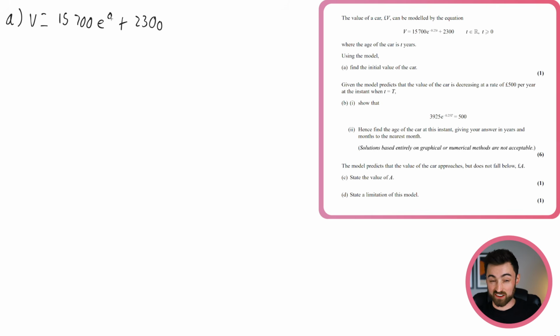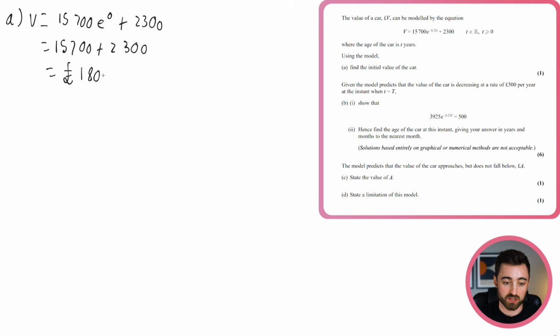Now, anything to the power of 0 is 1. So you actually just have 15,700 plus 2,300 in this case. Sweet. So this thing here, add 300 is 16,000. Add another 2 grand, you've got 18,000 pounds. Not too bad.